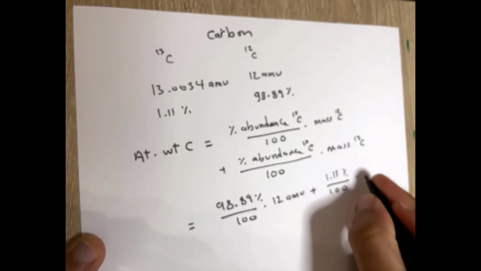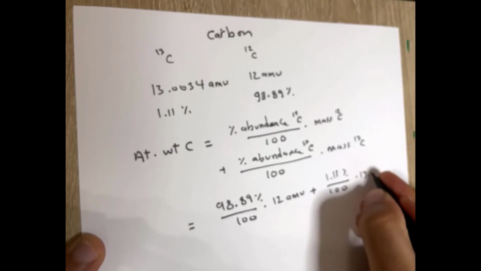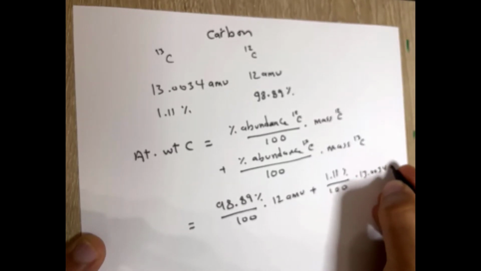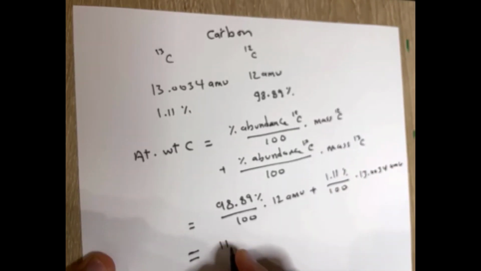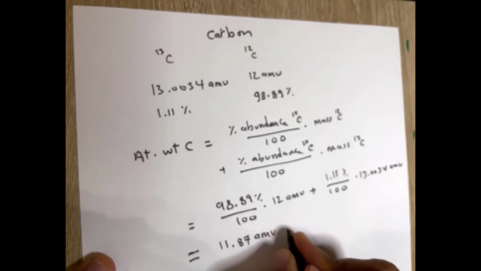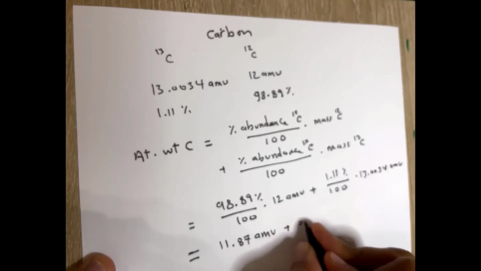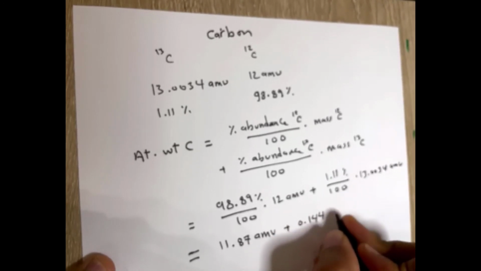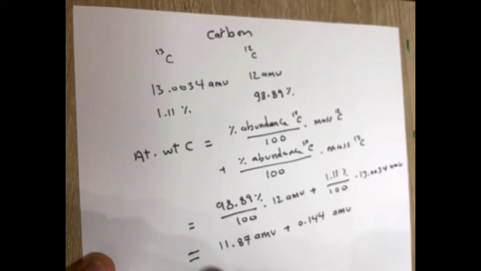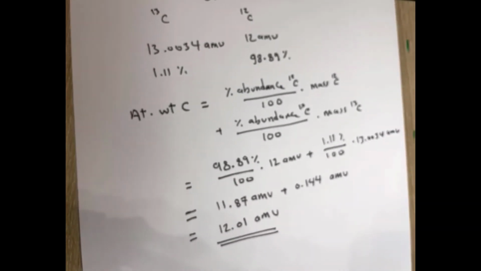Multiply it times the mass of carbon 13, which is 13.0034 AMU, is 11.87 AMU plus 0.144 AMU, which will have an average of 12.01 AMU. This here is the average atomic weight in a sample of naturally occurring carbon.